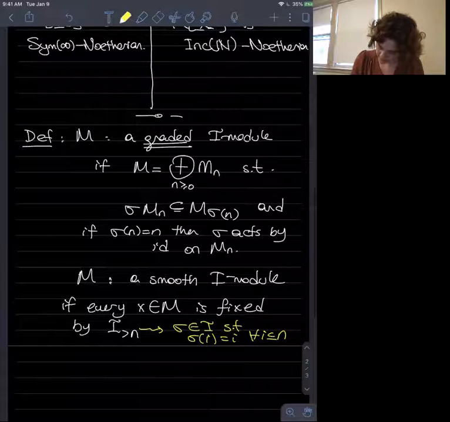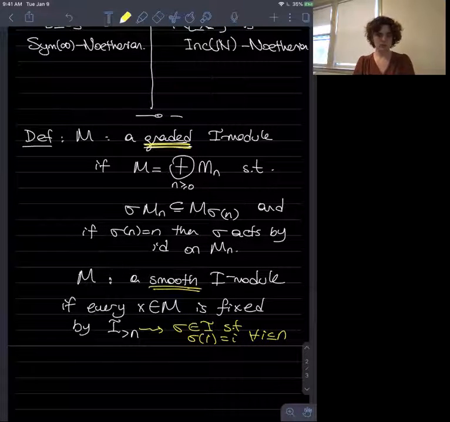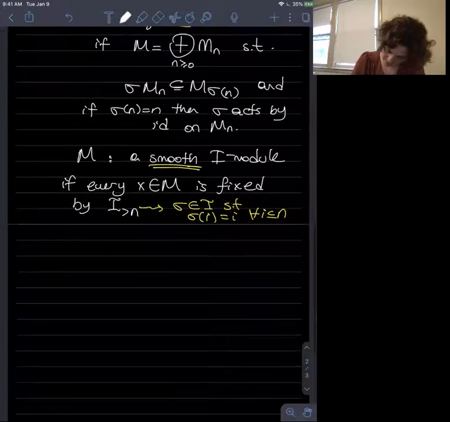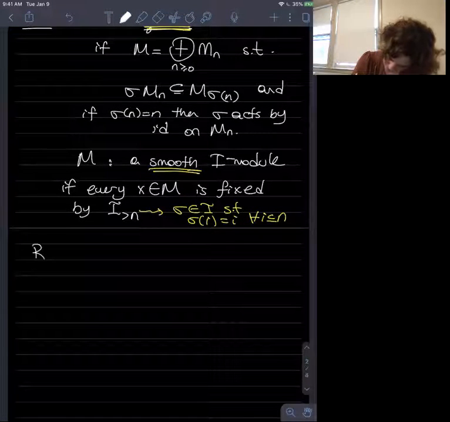So we define the graded and the smooth like this, and then we can write down the notation for their categories.